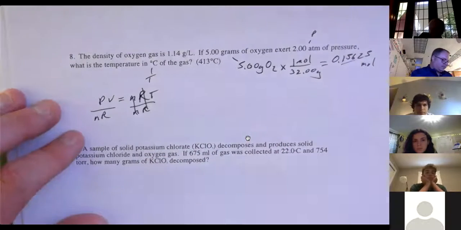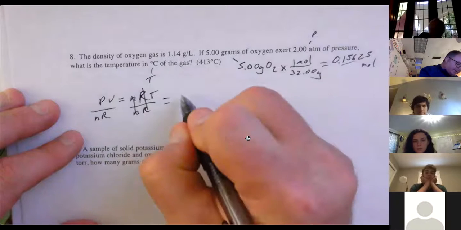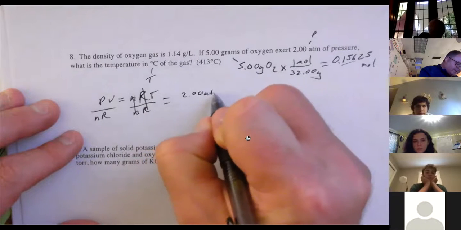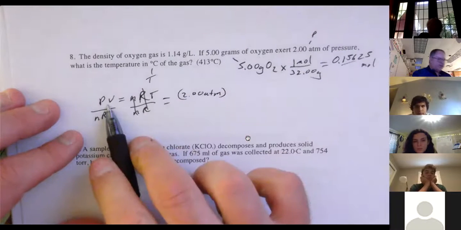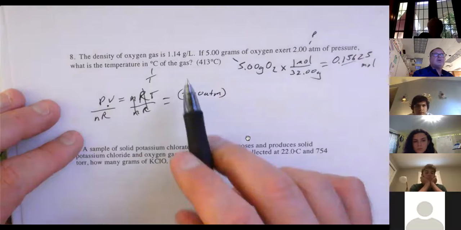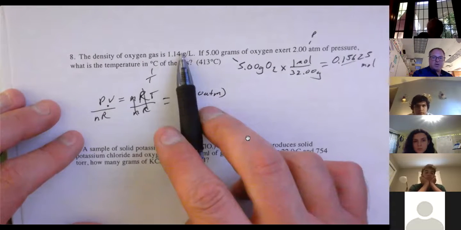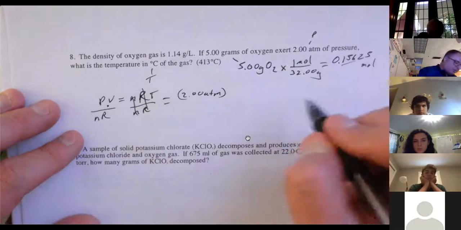So I have the P is 2.00 atmospheres. Oh no, V, I need V. But this is density. And if you recall, density equals mass over volume.